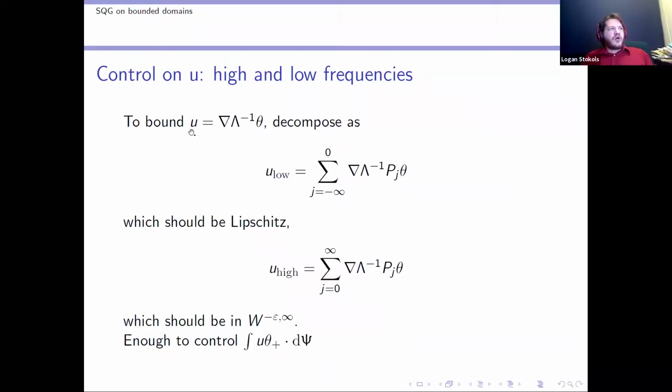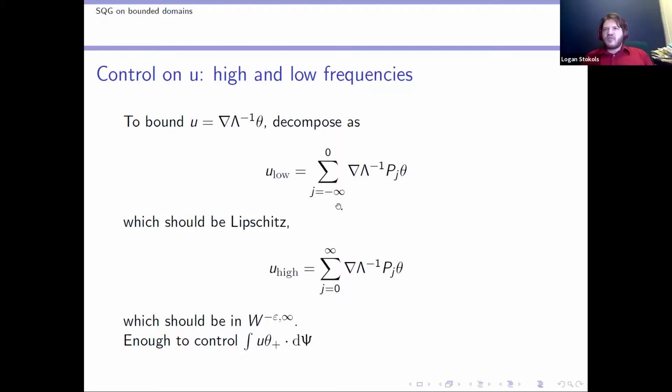Okay, so if we can bound these projections, why is this enough to actually get control? You decompose U as the low frequency part, which is the sum of the Riesz transforms of the low frequencies. Note that U itself is not low frequency, because once you take the Riesz transform, who knows what happens to the frequencies? But it's the Riesz transform of something that is low frequency.